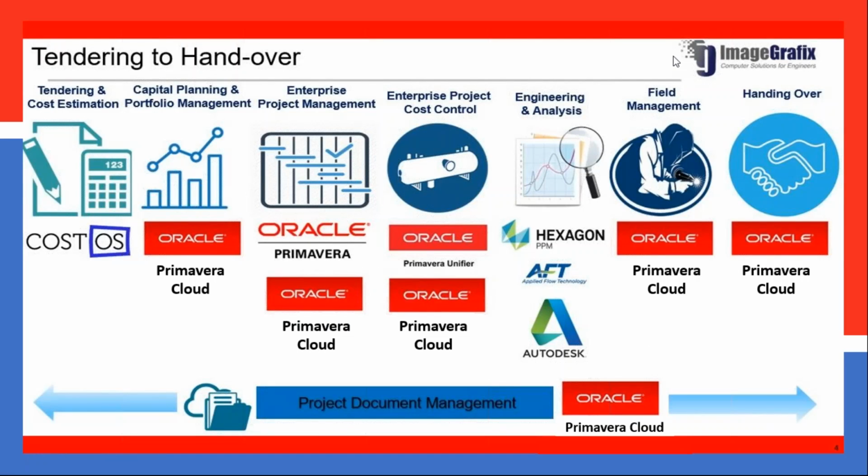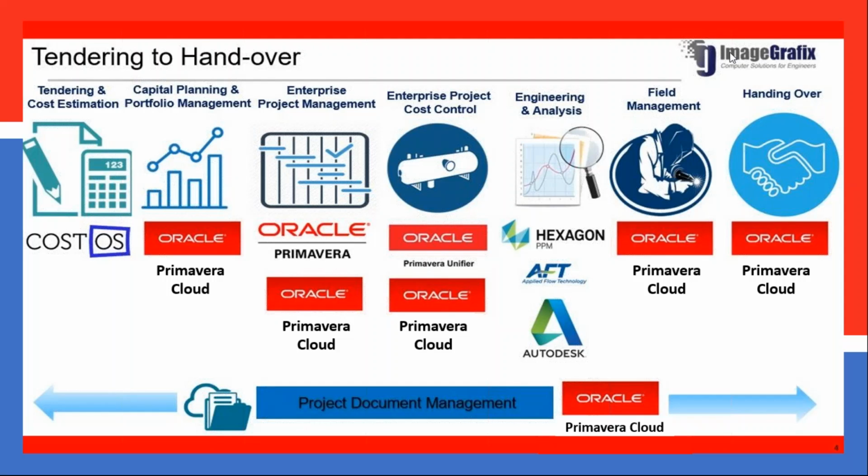So we offer solutions from tendering to handing over stage of the projects. Coming to tendering and estimation, we have the Cost OS application, which helps you in tendering and cost estimation. In capital planning and portfolio management, we have Primavera Cloud, where you can have your portfolio analysis done, and you can also manage your project ideas using Primavera Cloud.